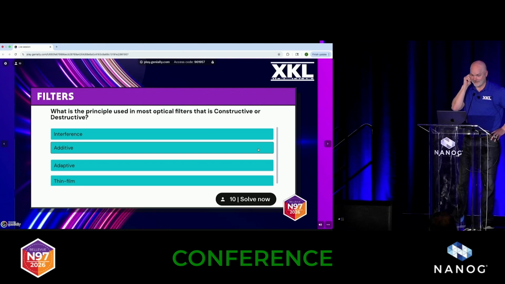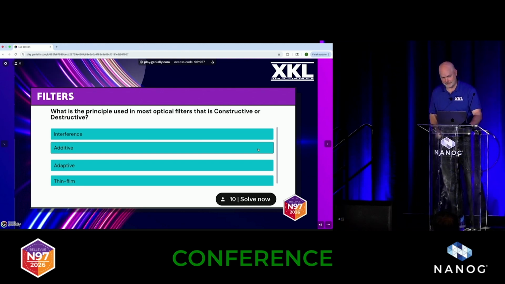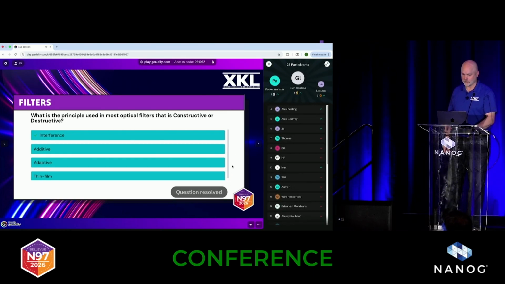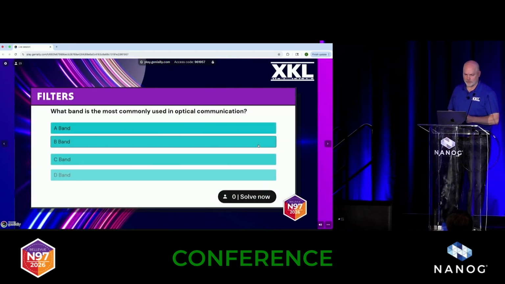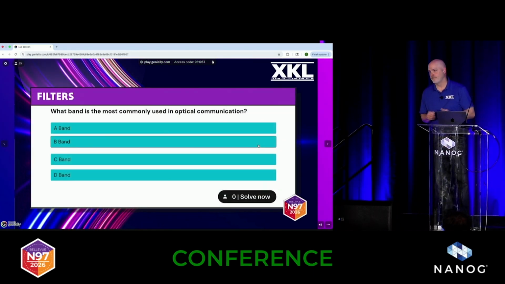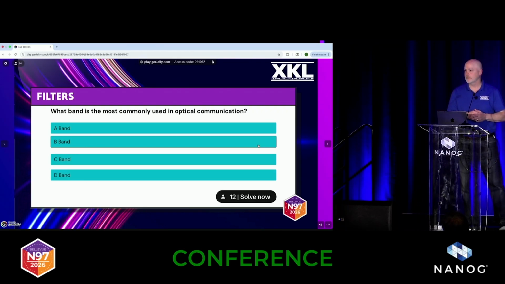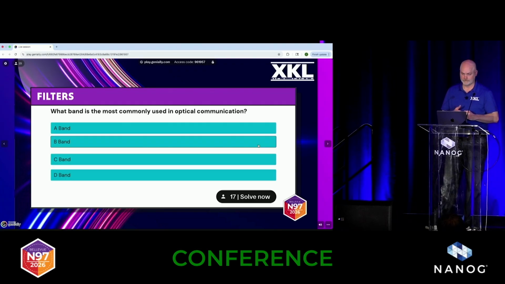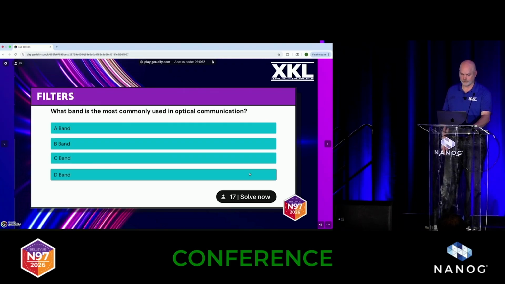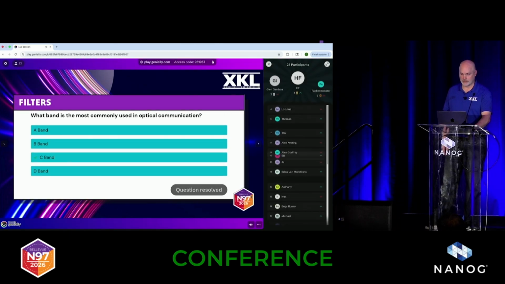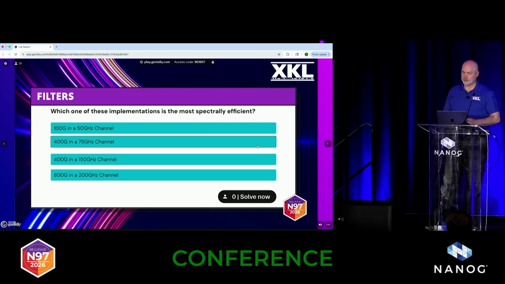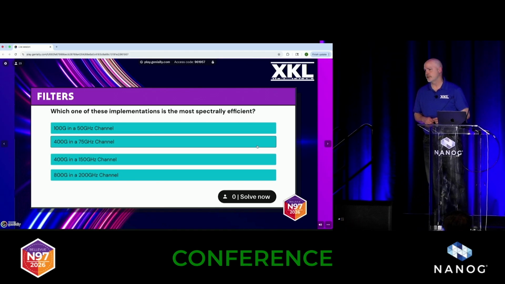I know. Well, I only got 10 people answering. Okay. So, yeah, it's interference. What band is the most commonly used? Come on. I'm going to mix in some of these easy guys with the hard ones. Yeah, the C band. Which one of these implementations is the most spectrally efficient?